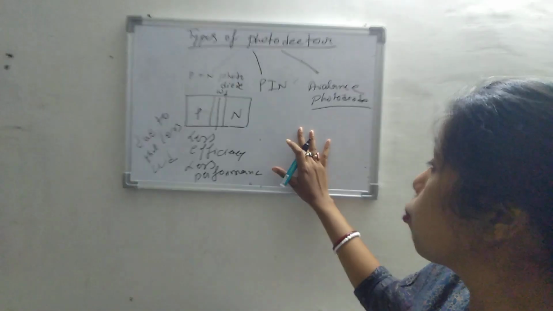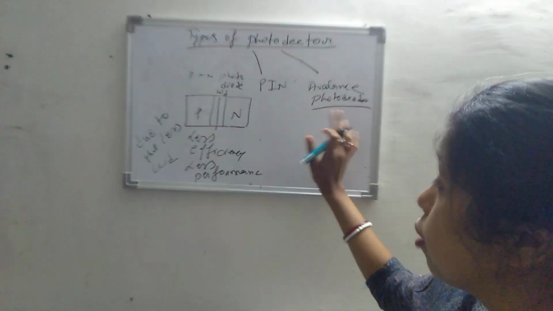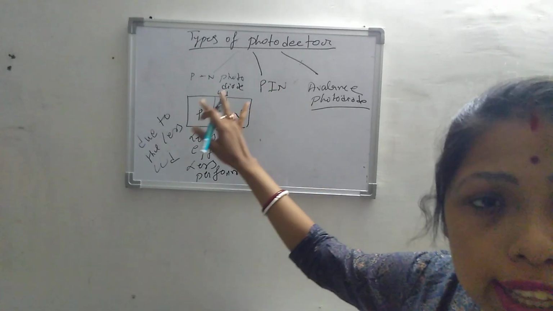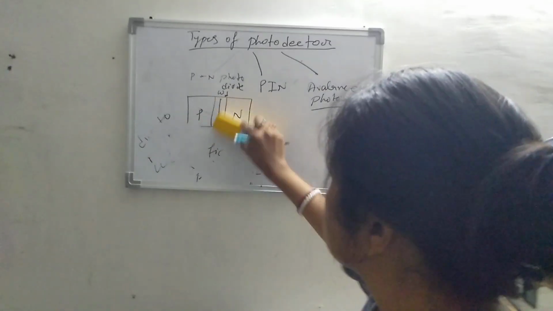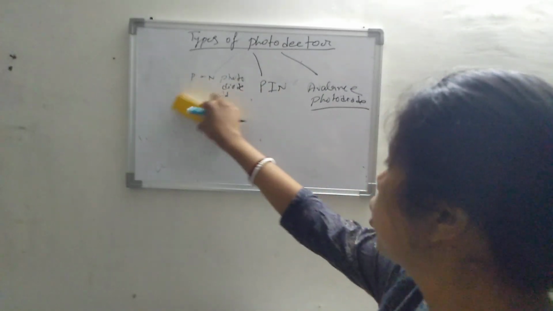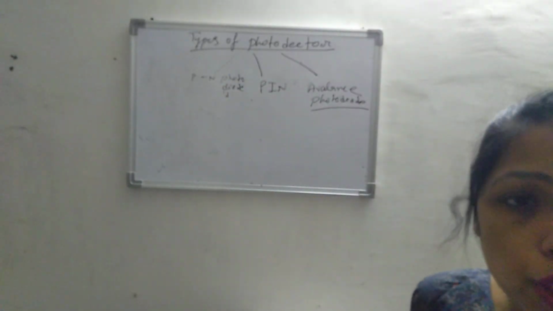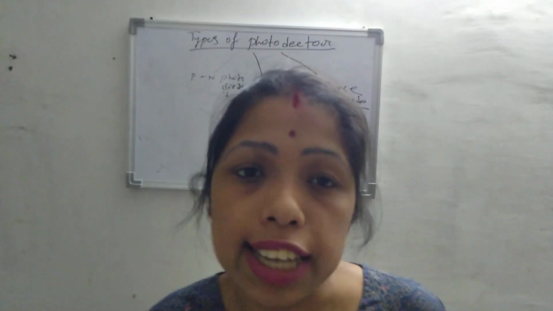Now I am coming to the pin photodiode and the avalanche photodiode. What is the difference between the pin photodiode and the PN photodiode? In the pin photodiode, P, I means intrinsic layer, N is the N-type semiconductor.